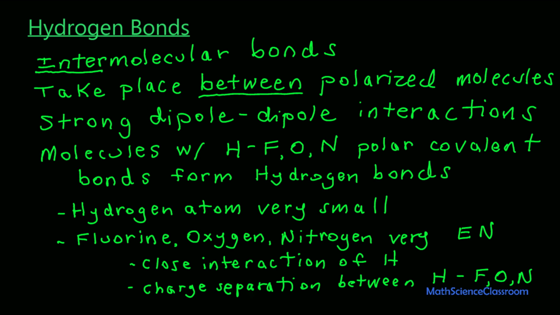So the combination of the close interaction of hydrogen with the charge separation between the hydrogen and the fluorine, oxygen, and nitrogen is what creates those highly polarized molecules that want to form hydrogen bonds.